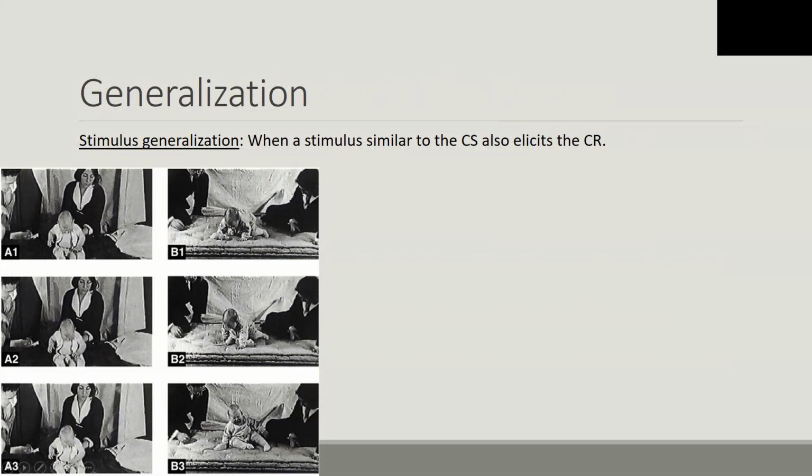You can't see it from these old photos, these are actual photos, by the way, but there's a little white rat in his lap, and he's very happy about it, nothing's wrong, kind of likes that little white rat. And then during this period of acquisition, they play a really loud, banging noise every time the white rat is around. And so he gets classically conditioned to be upset and fear the white rat because it gets associated with this really loud, unpleasant noise.